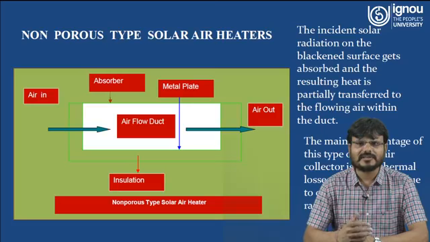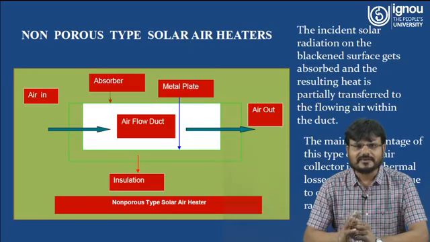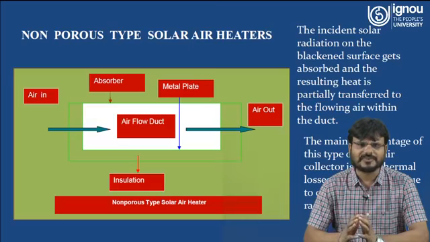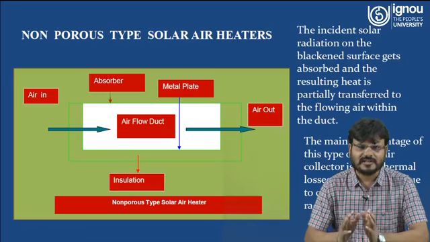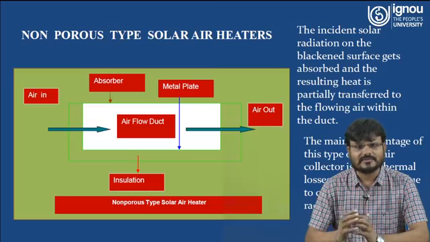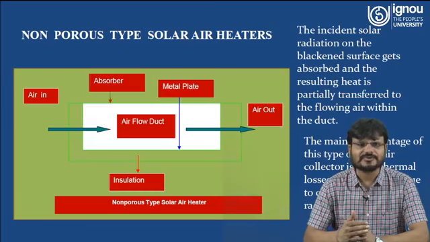But the main disadvantage of this type of solar air collector is high thermal losses to the ambient due to convection and radiation. So you can understand, air is coming inside, so the temperature of this air is the ambient temperature. Suppose in this particular room the ambient temperature is 28 or 29 degrees centigrade.